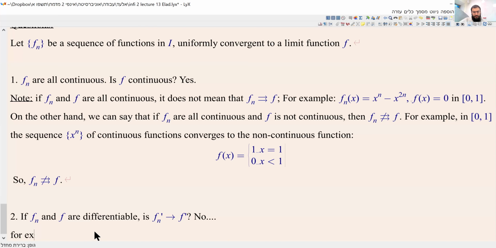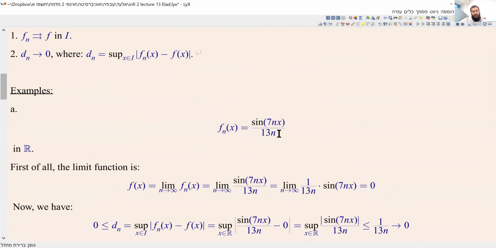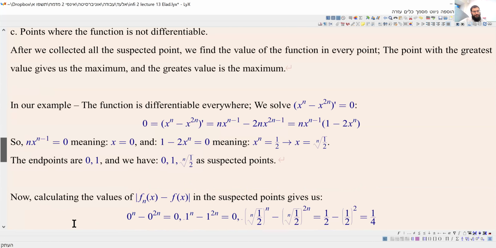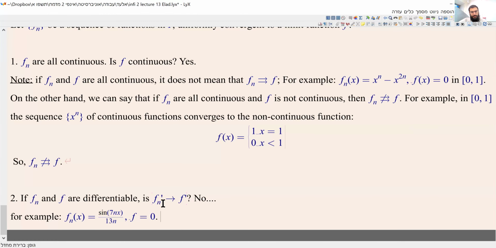For example, the functions we have seen earlier, this sine function. This function converges to f, which is 0, uniformly, as we've already seen early in the morning.